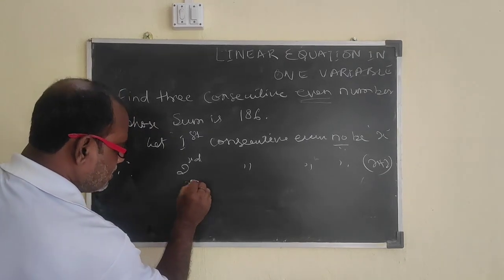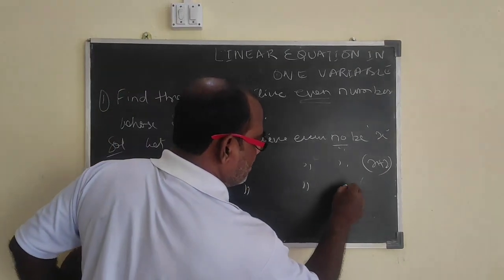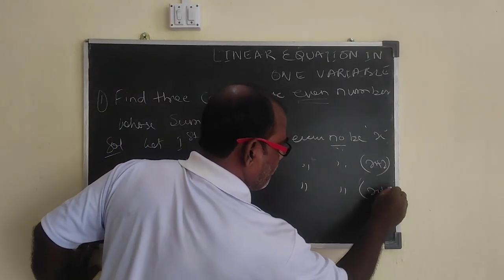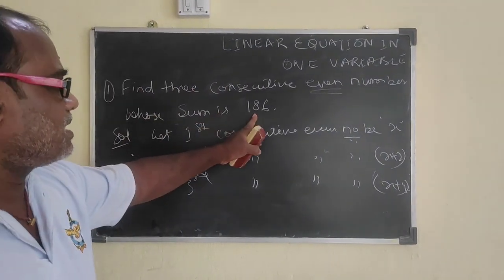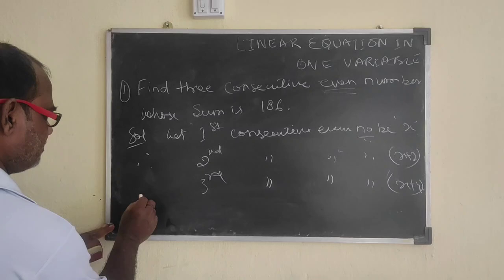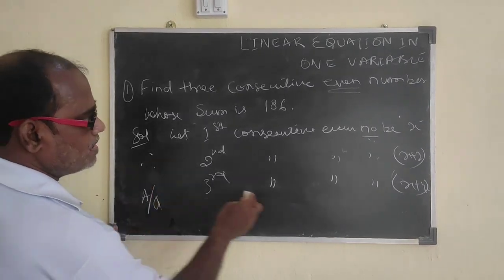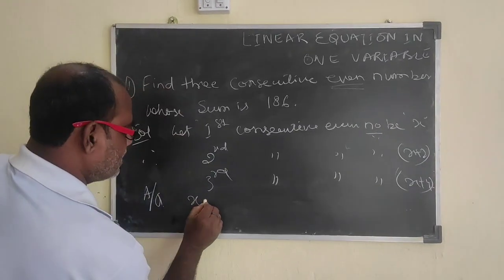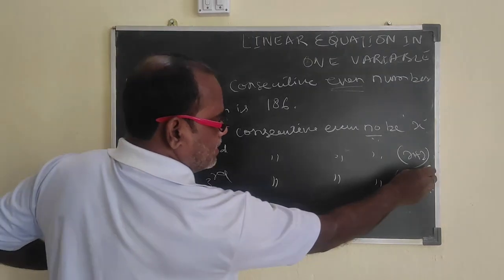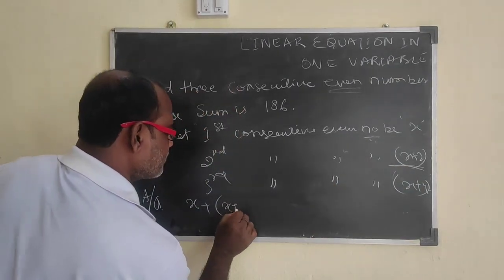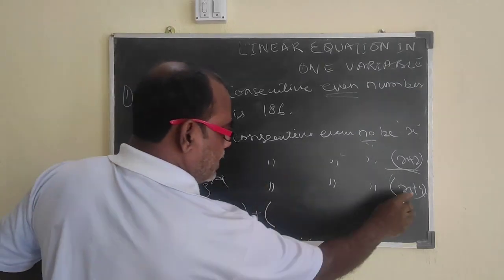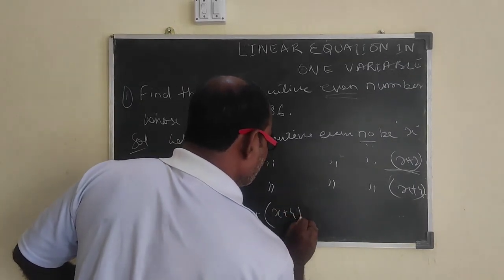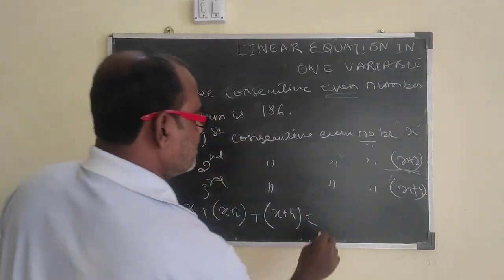Similarly, the third consecutive even number will be x + 4. In the question it is given that the sum is 186. That means, according to the question, x + (x + 2) + (x + 4) = 186. Don't forget to put the brackets.